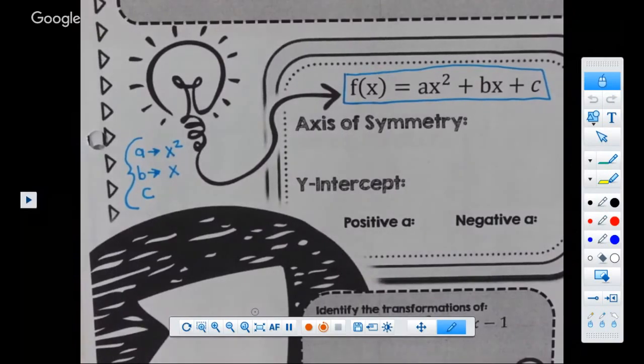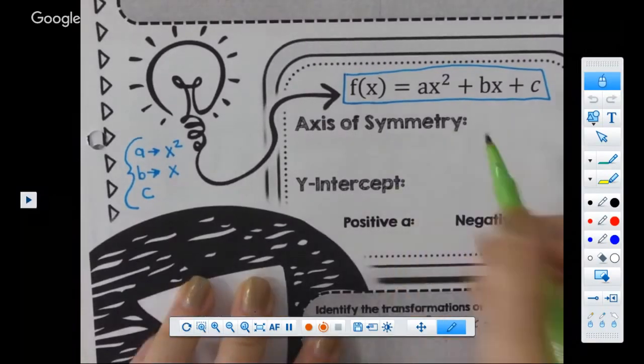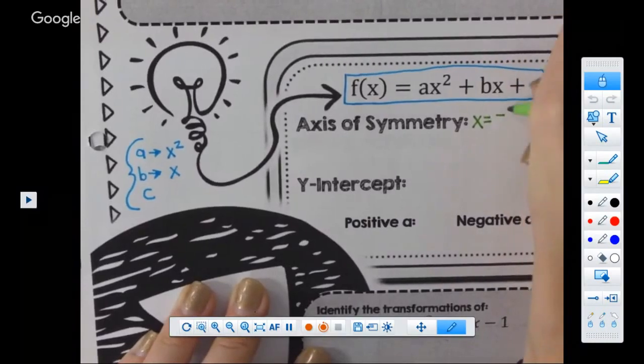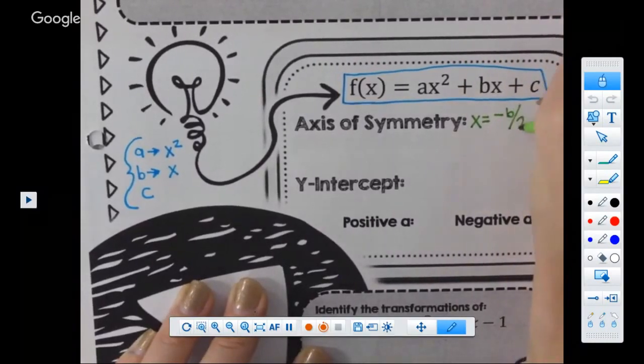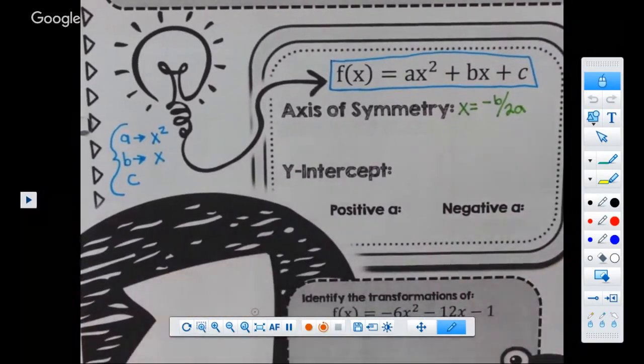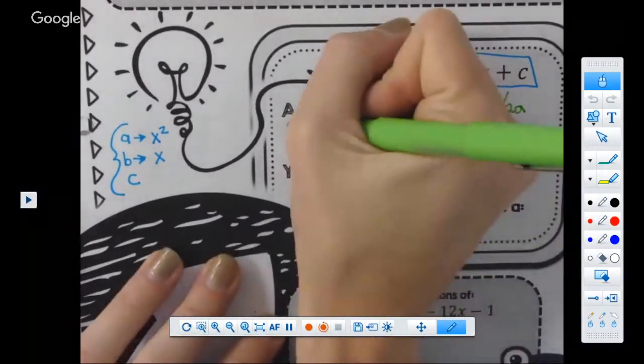Okay, unfortunately, this form does not give you the vertex. But in order to graph, you have to know the vertex. The axis of symmetry, which is the x coordinate of the vertex, we're going to use a formula to find it. It's one you've got to memorize because this is not on the ACT formula sheet, so I'm not going to give it to you. To find the axis of symmetry, x equals negative b over 2a.